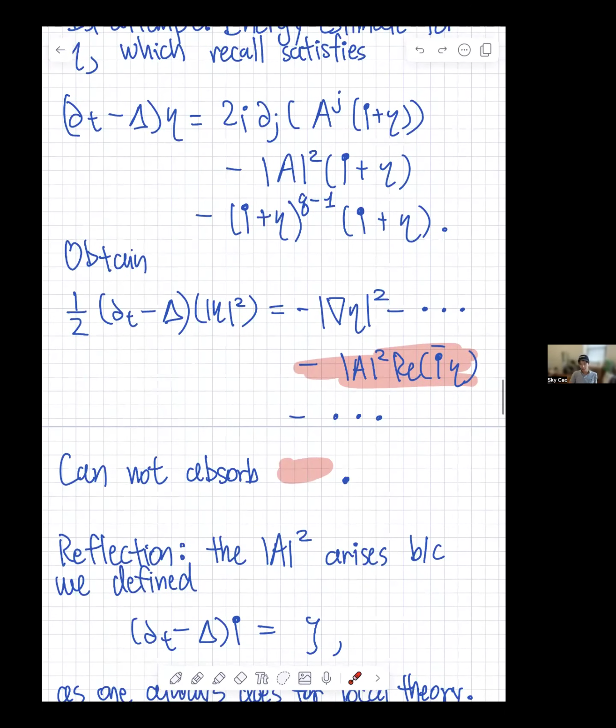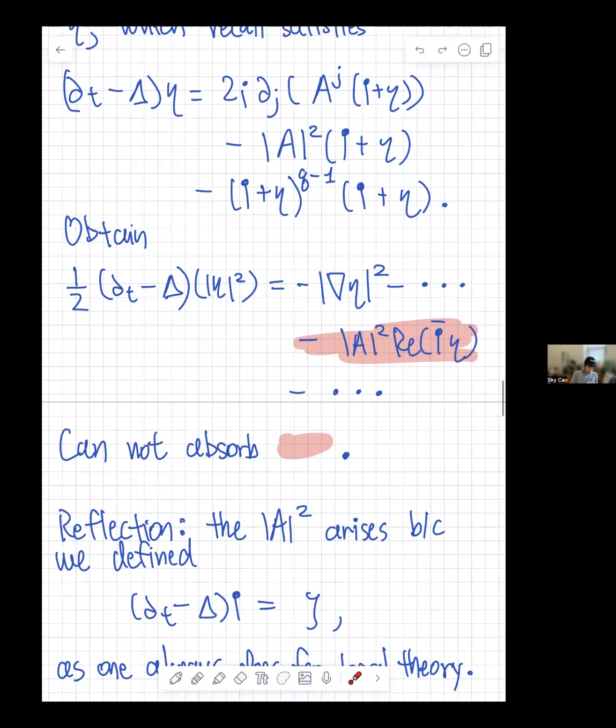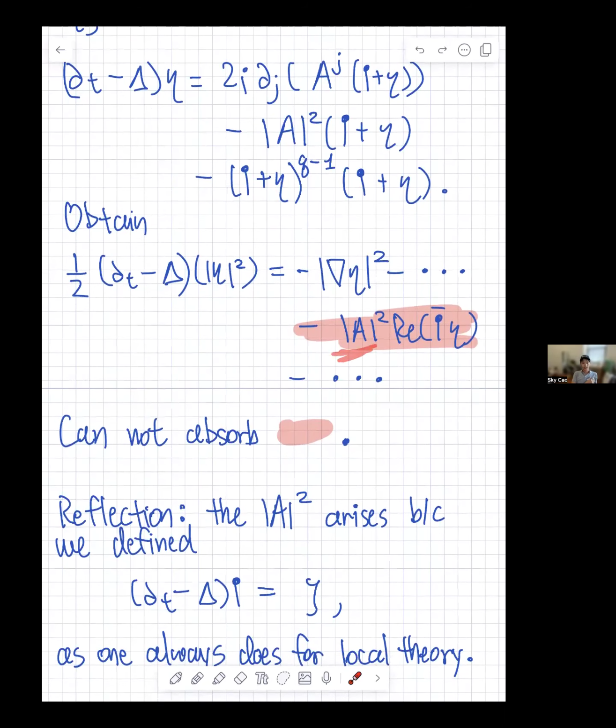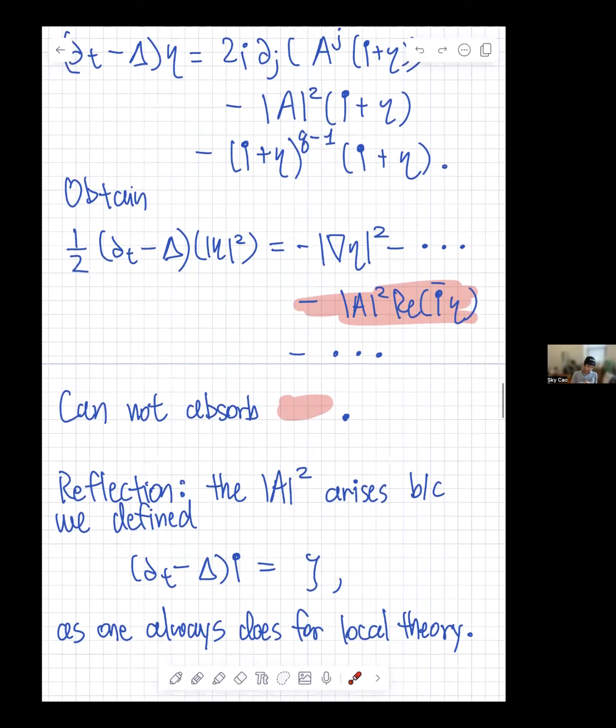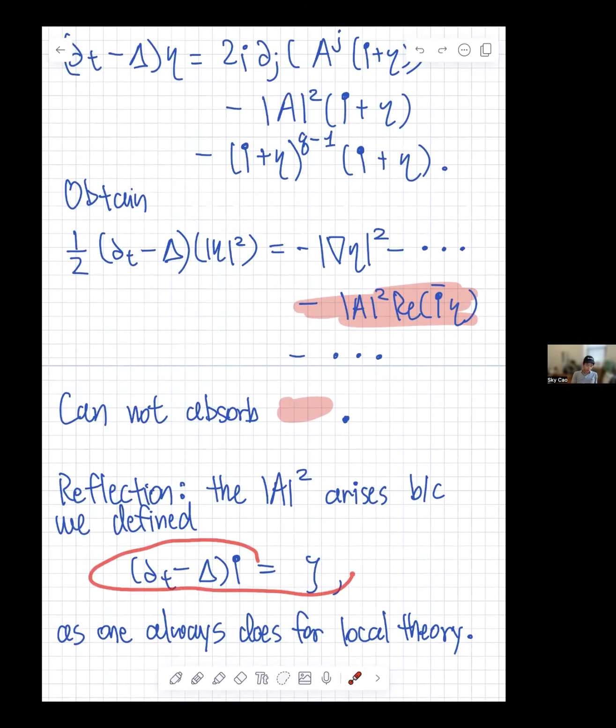And so that made us reflect. This a squared arises because we defined this bilinear object like so, as the solution to the stochastic heat equation, as you always do in the local theory for singular SPDEs. You lay out the most irregular part and put that in the solution to the linear equation.